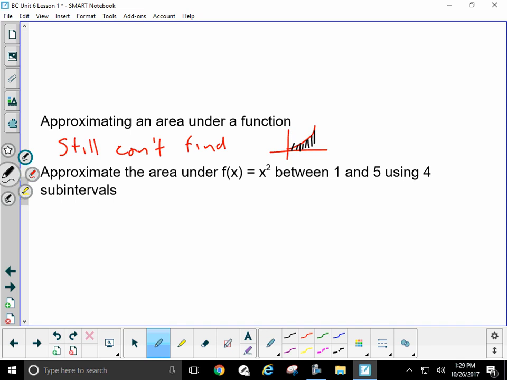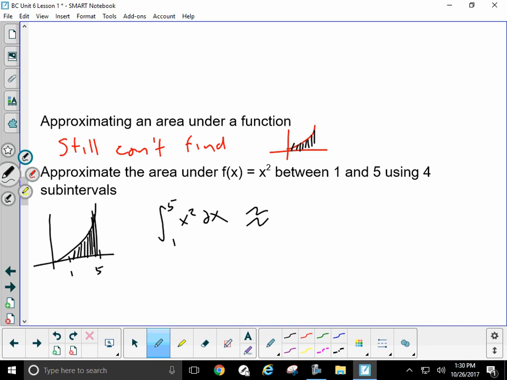So again, if we have curves, and if I'm looking for the area under x squared from 1 to 5, this area here, I know that I can represent this area using an integral, but the best I can do right now is to approximate it, because it's a curve and I don't have geometry for curves. Okay? So, how are we going to approximate it?